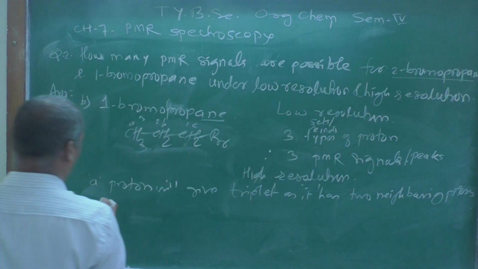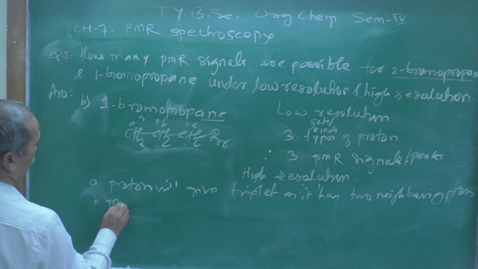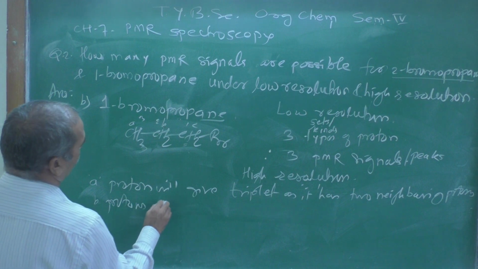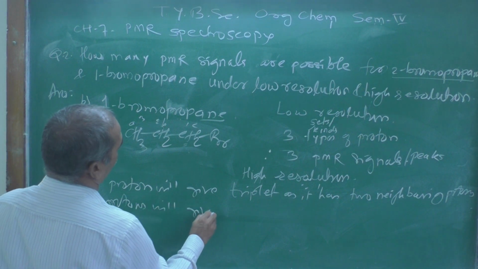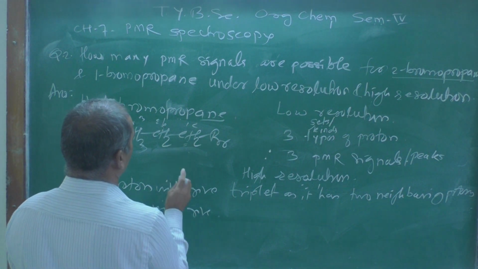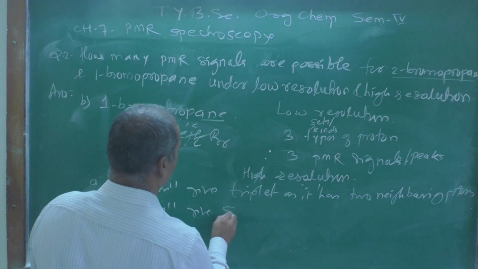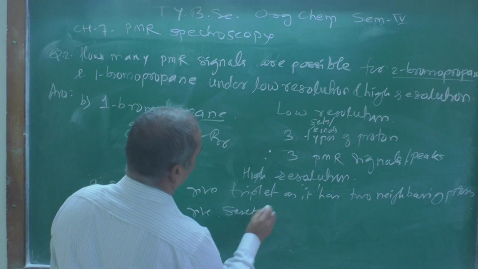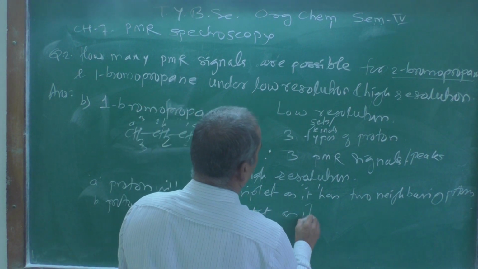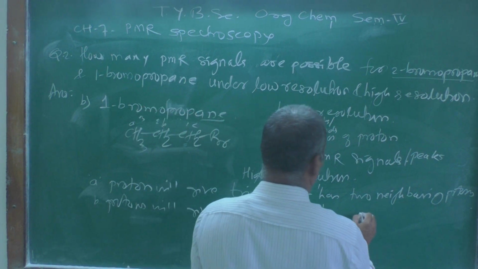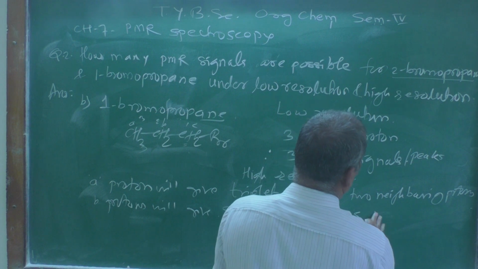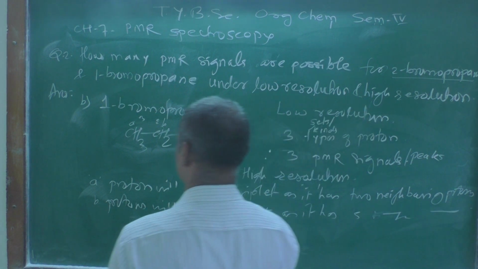Look at these B protons, they will give a sextet as they have 5 neighboring protons.